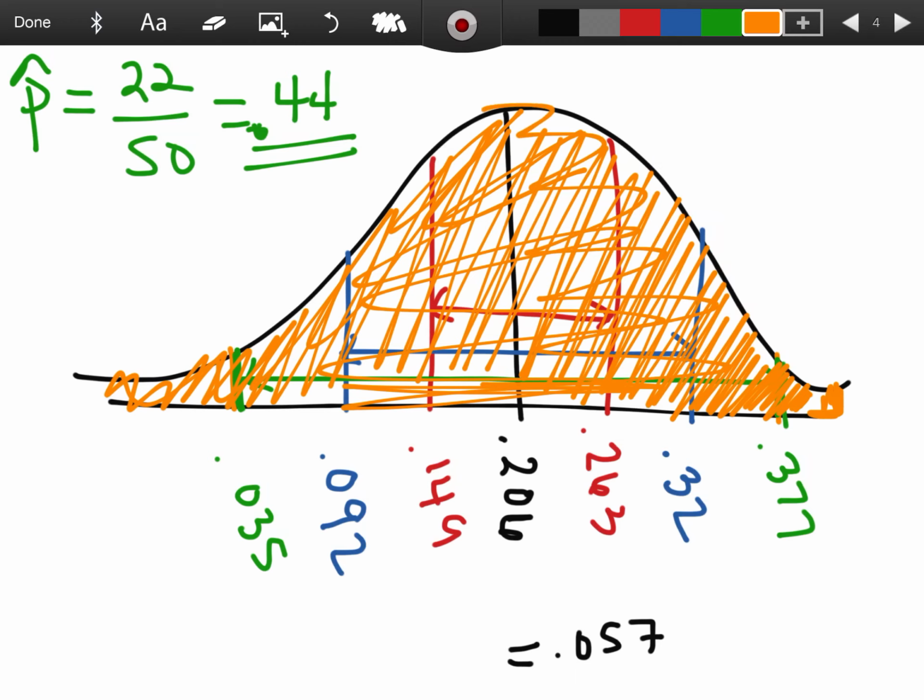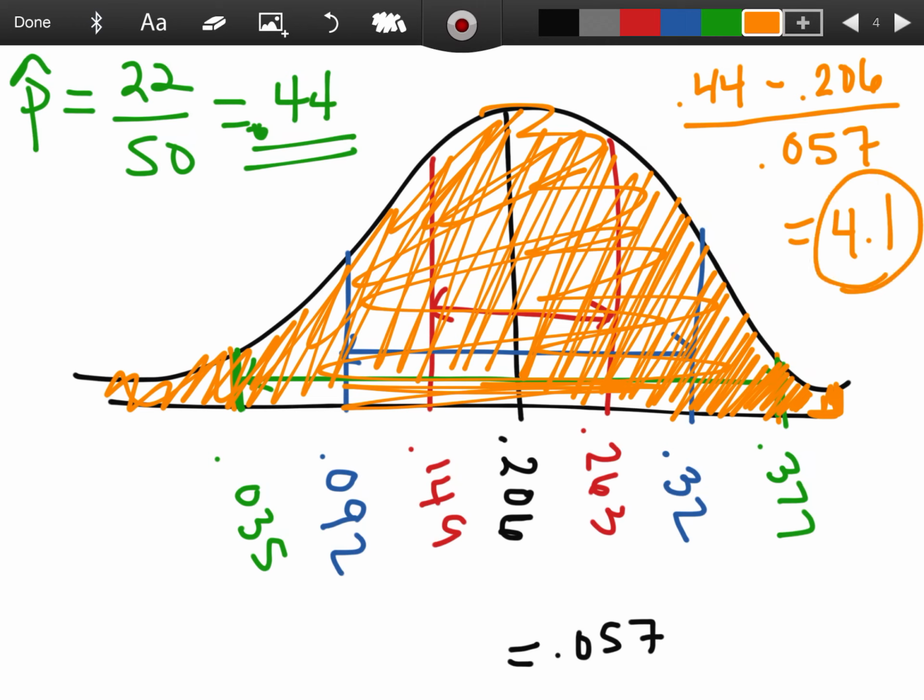So you've got to find your z-score. That was 44%. So take your p-hat, subtract out what you're supposed to be getting, which is 0.206, and divide by your standard deviation, 0.057. How many standard deviations are we away from the expected mean right now? If I come up with this calculation, I am 4.1 standard deviations above the mean.